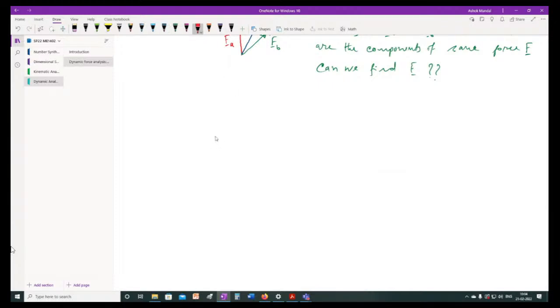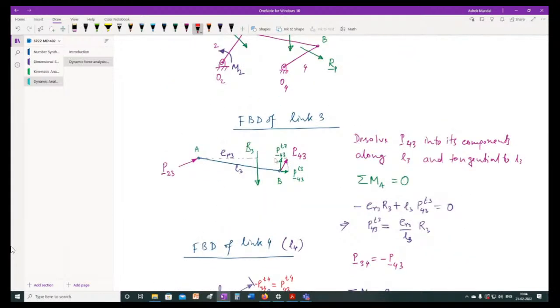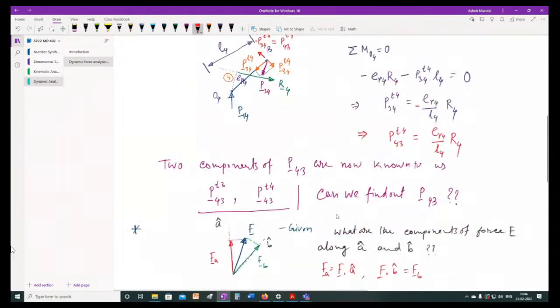I am drawing here this force. So this is P43 tangential to link 4, one component of the force P43 here. Another component of the force is P43 tangential to link 3. That is known to us, right?